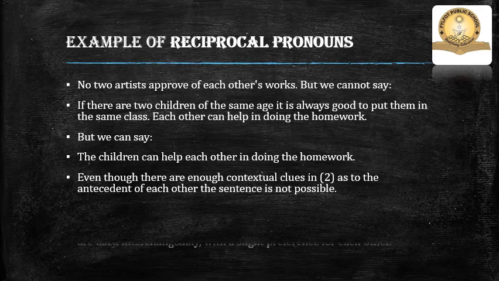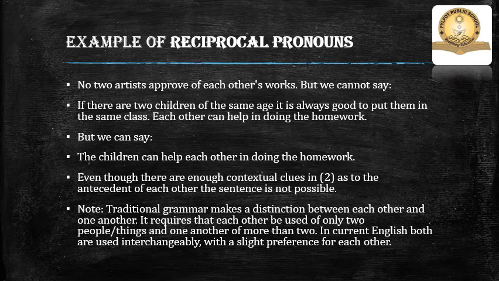There is a note also. Traditional grammar makes a distinction between each other and one another. It requires that each other be used for only two people or things, and one another for more than two. So if we are talking about two people, we are going to use each other. And if we are talking about more than two people or things, we are going to use one another.